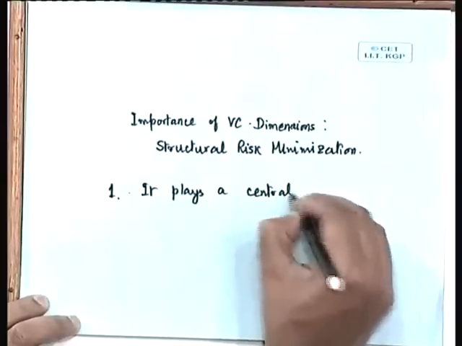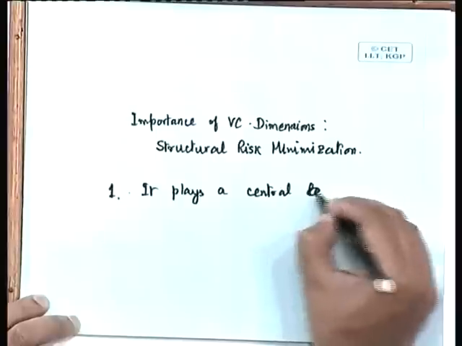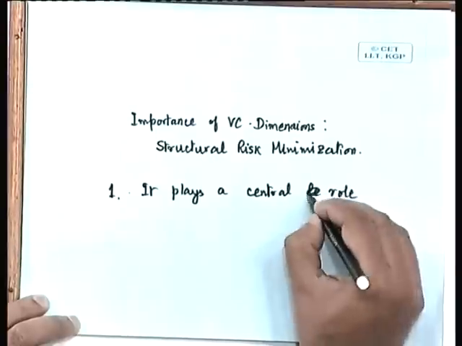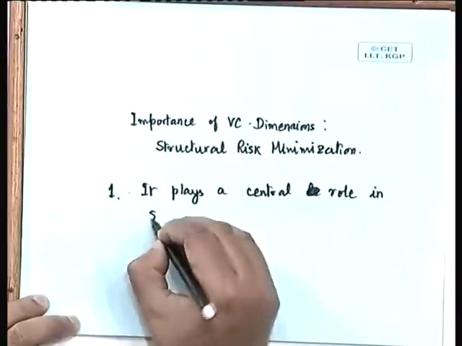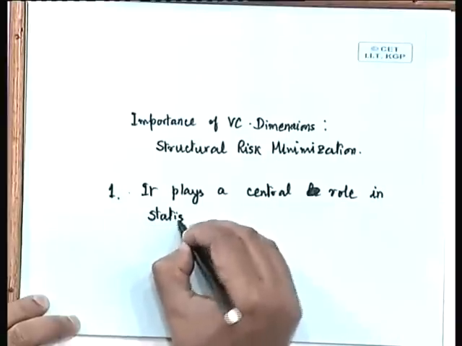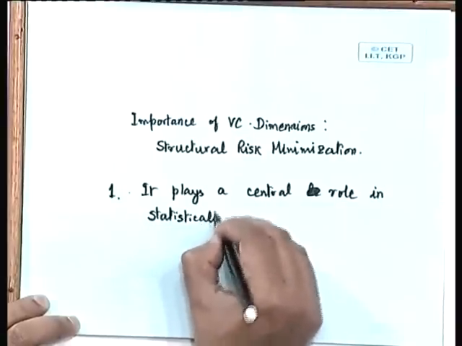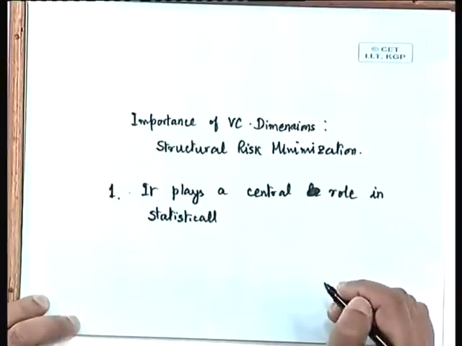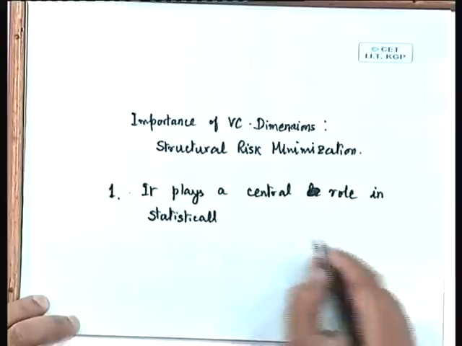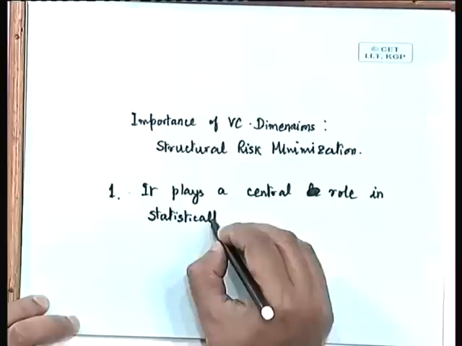In fact, that's what our original discussion was. We are still deliberating on the chapter related to the learning theory, and towards the end of that chapter we discussed the statistical learning theory.